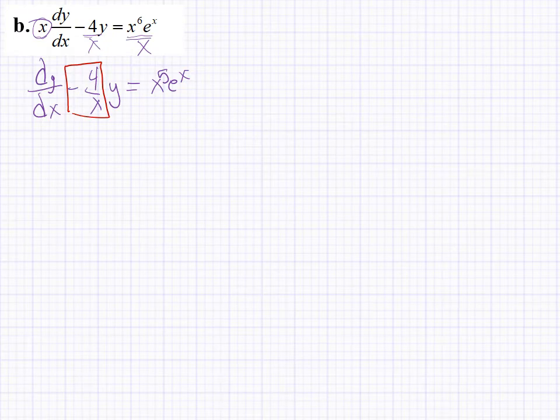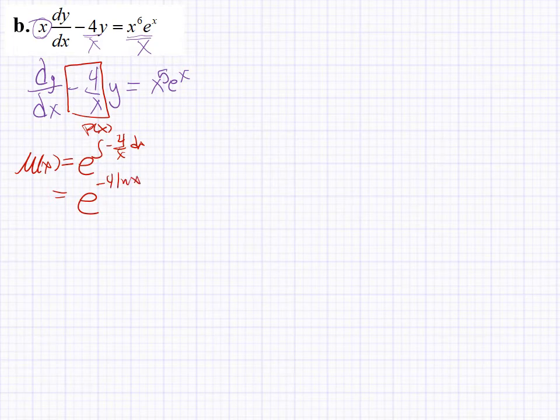And so p of x is that negative 4 over x. And so my integrating factor is e to the integral of negative 4 over x dx, which will be e to the negative 4 ln of x, because it's 1 over x dx if I pull out the negative 4.